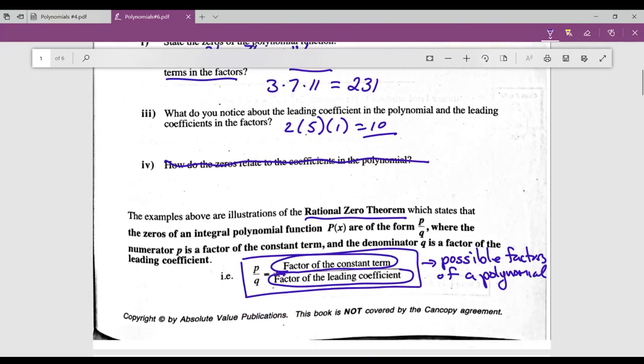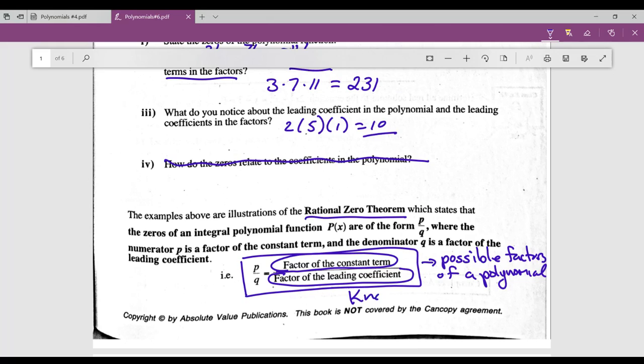Okay? That is the key. You must remember this. This is the starting point for everything in every question we're going to do from now on.